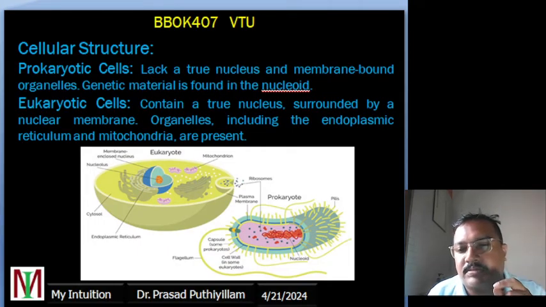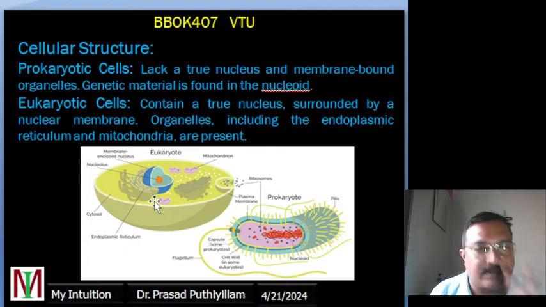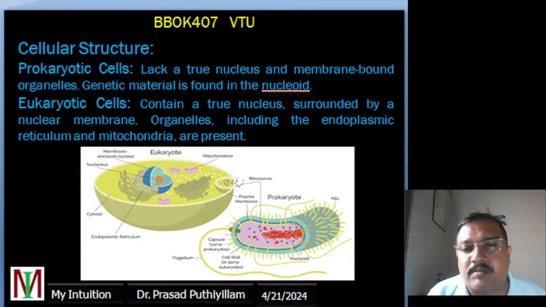It's in a long form. Whereas in the case of eukaryotic, it is inside the nucleus in a round form. Here it is found in long form. Okay, so the eukaryotic cell has a true nucleus which is surrounded by the nuclear membrane.